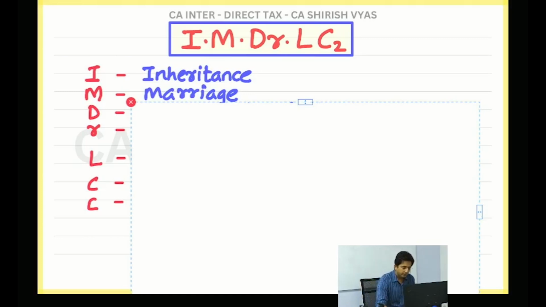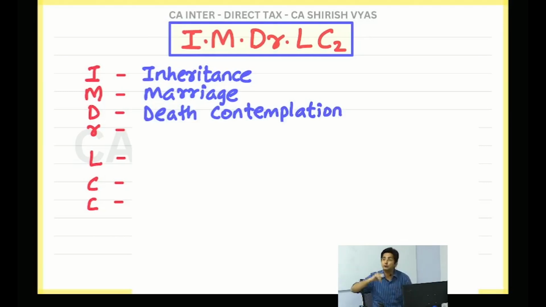Then, gift in contemplation of death. What is death contemplation? Here someone has not died. He is counting his last few breaths. Sometimes doctors have told him, you are going to go now. Because his disease is so severe that doctors said we are not able to treat you. Any moment you can die.